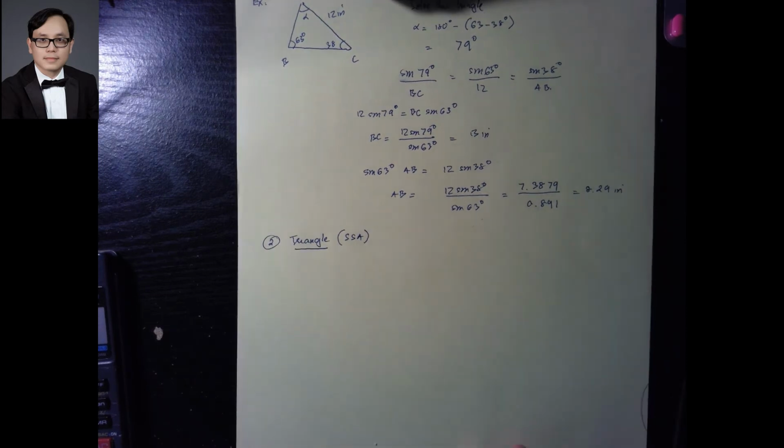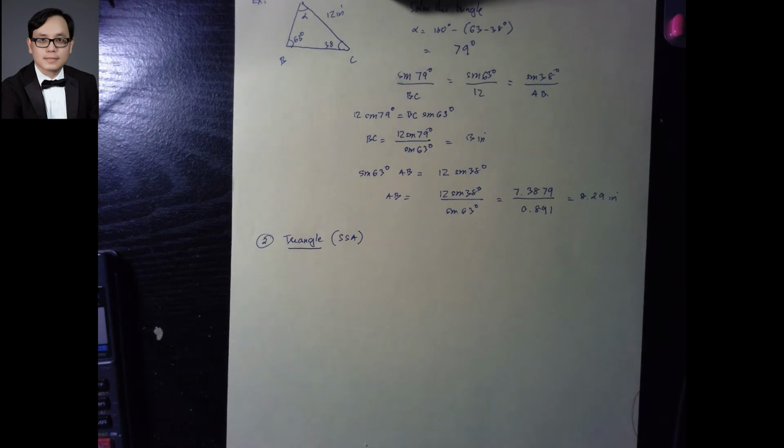So if they give you a triangle and they give you the lengths of two sides and an angle, then this case could be a very hard case, because for this case you have to categorize it into a lot of cases.